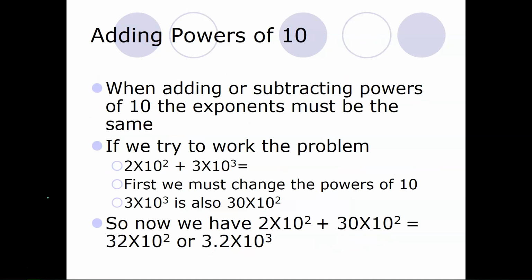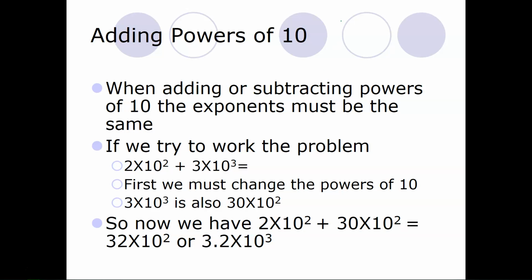All right, so when adding or subtracting powers of 10, the exponents must be the same. Okay, the exponents must be the same. Now, I'll go ahead and tell you my rule of thumb with powers of 10, guys. And this is one I adhere to strictly.